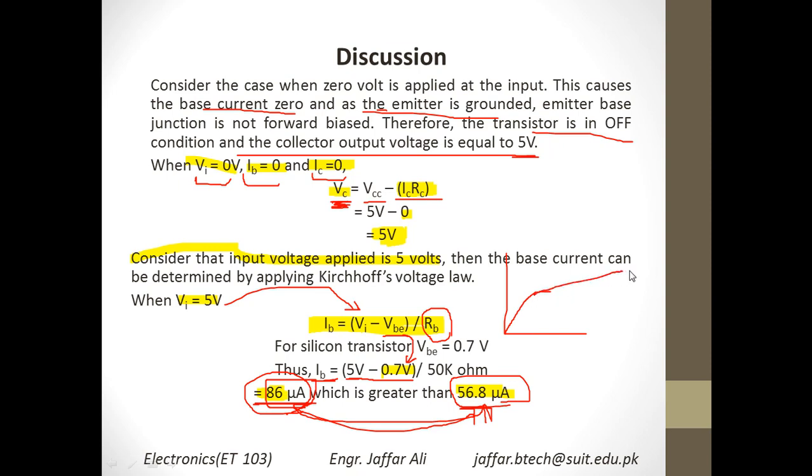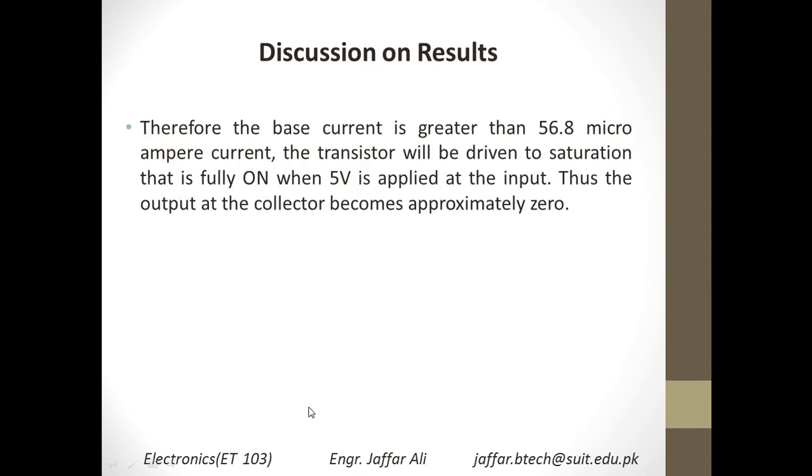So you are somewhere at this point, and this actually goes straight. This was the 56.8, and now you are giving it 86 microampere. So it is much more than the current needed to make the transistor go into the saturation mode.